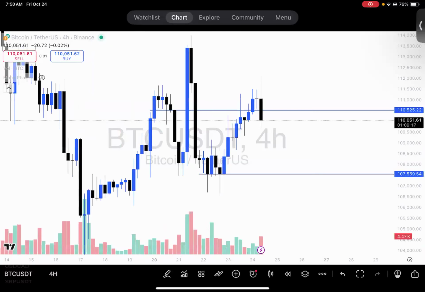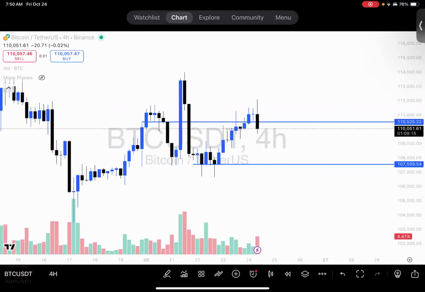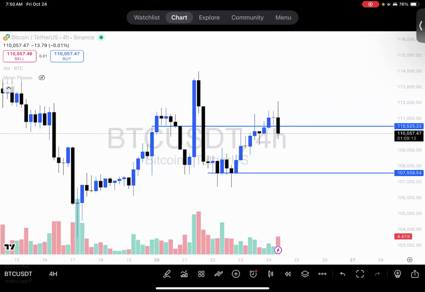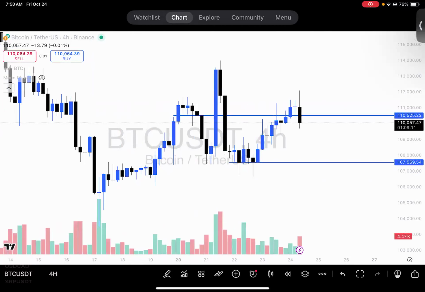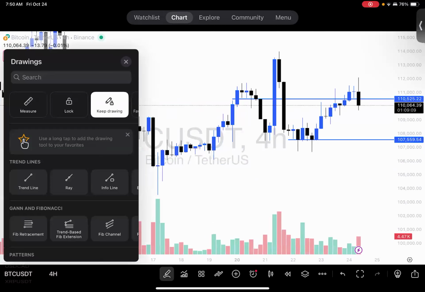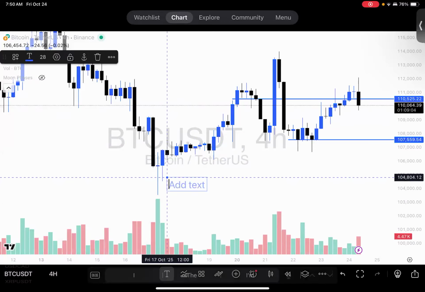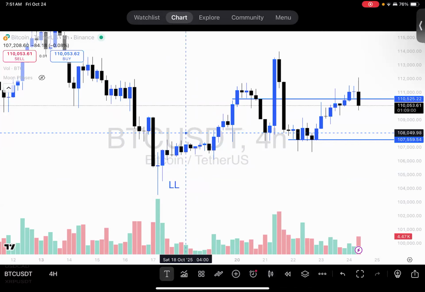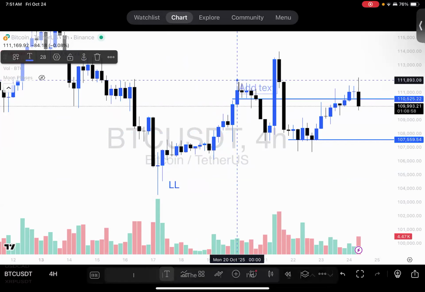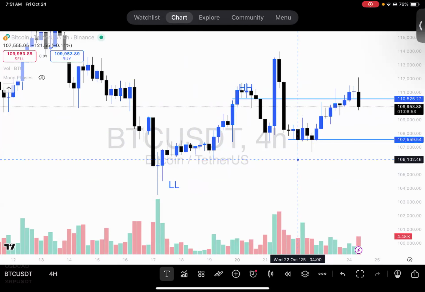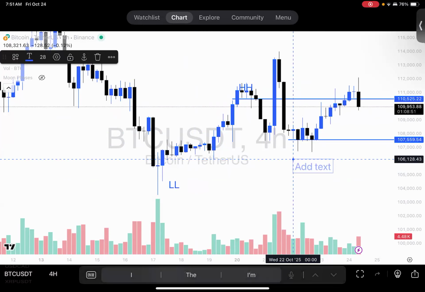4 hour time frame. All right, we have a lower low. This is the lowest point that the market was at. Then we created a higher high, and then we created a higher low.